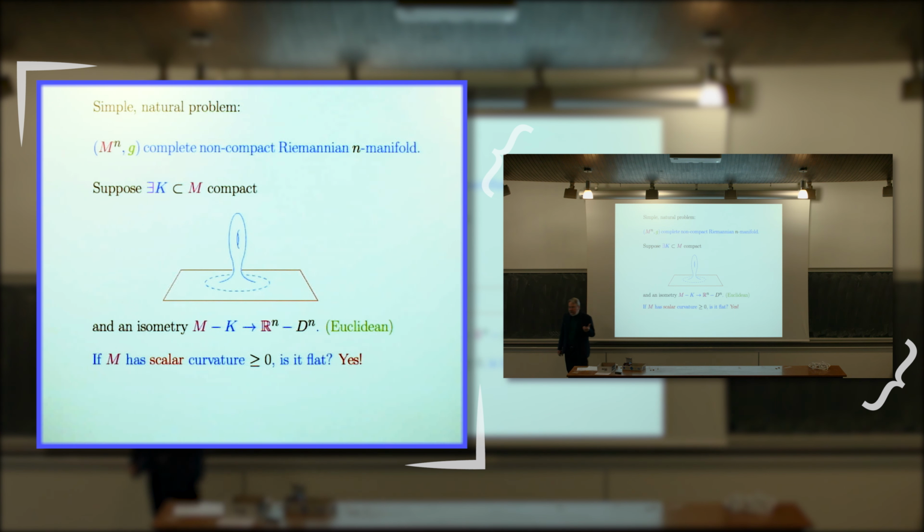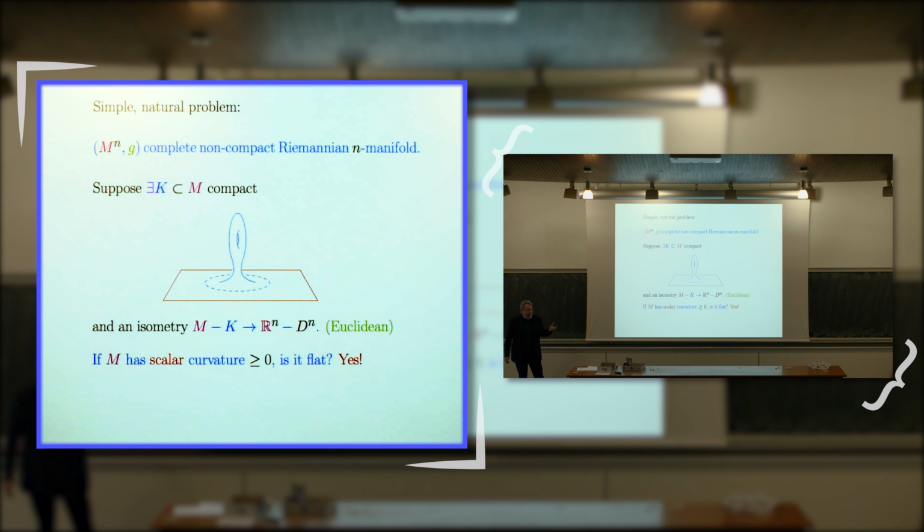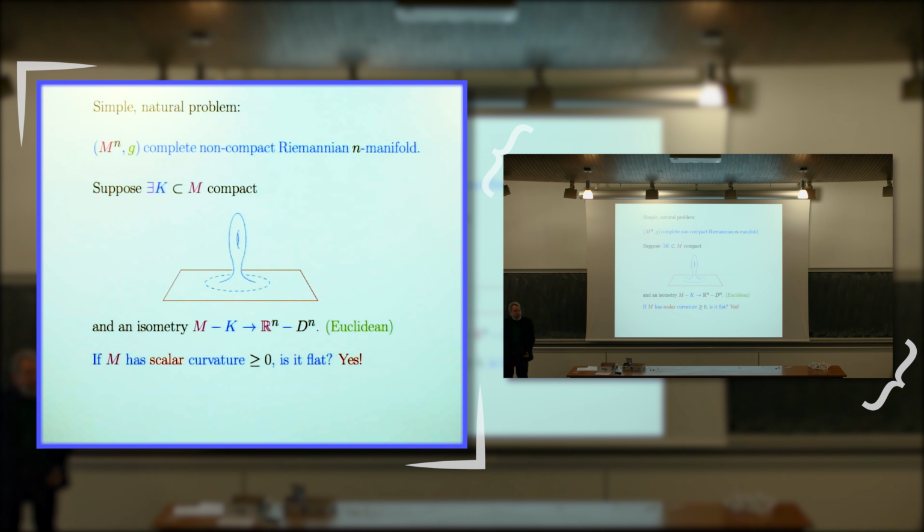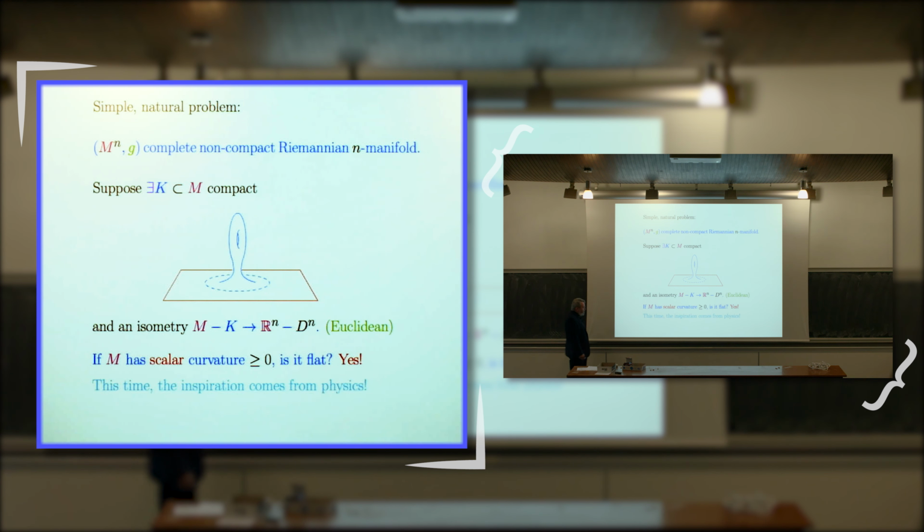So even though the scalar curvature is a very, very weak invariant, it doesn't contain very much local or global information about the geometry, you can actually prove very, very strong results if you work hard enough, involving only scalar curvature as a hypothesis. In fact, the inspiration that leads to the solution of this question comes from physics.